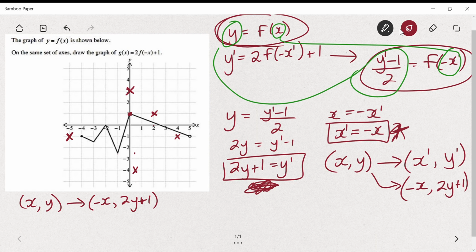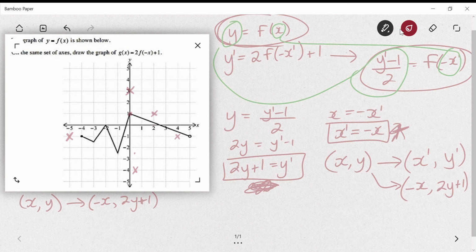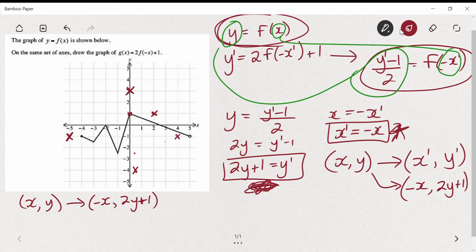What about this one here? Reflected across so that it's at 3 right there. Double its distance, so it goes down to 3 because 1.5 times 2, and add 1, and it ends up there. And this point right here was out at -4, so it'd go, oh, that's where it's ended up.